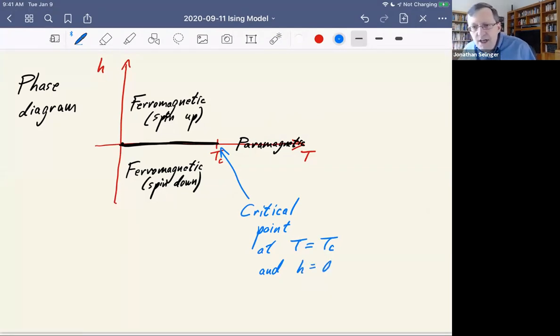Okay. So that is the most remarkable point on this whole diagram, because that is where the discontinuity comes to an end, right? And instead of having a discontinuous change from spin down to spin up, it changes to a plain old smooth change from spin down to spin up.